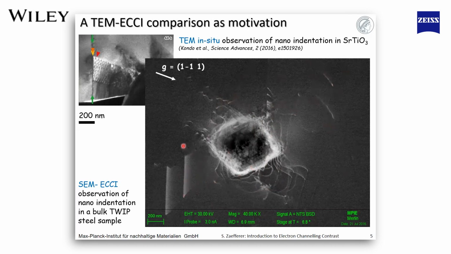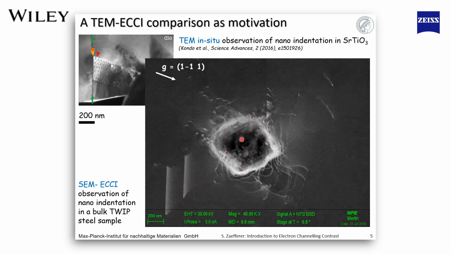And this one here is stacking faults, which come from very deep below the indentation and get up to the surface. And depending on the quality of the video, you will even be able to see the extinction fringes on these stacking faults. We will see them later on in more quality.